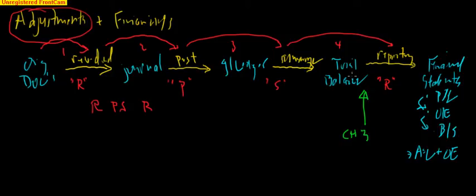Adjustments appear or become relevant right here. As we're getting ready to report our financial statements, there are certain kinds of adjustments we have to make. And I'm going to look at those adjustments, obviously, in another video. But where they appear in the accounting cycle or the flow or the process is right after the trial balance, before we report the financial statements.